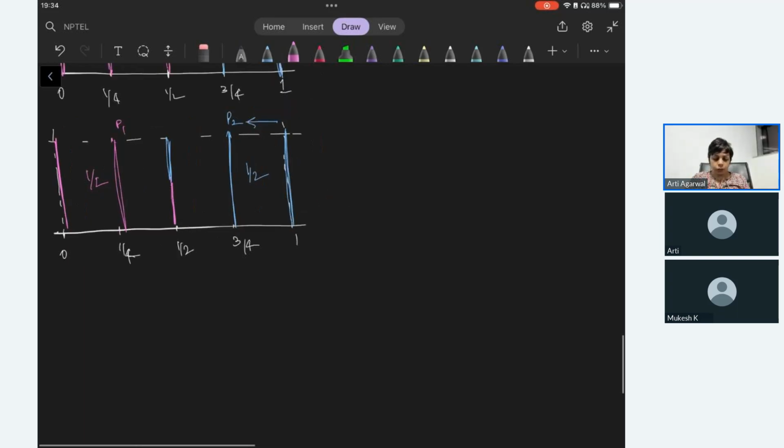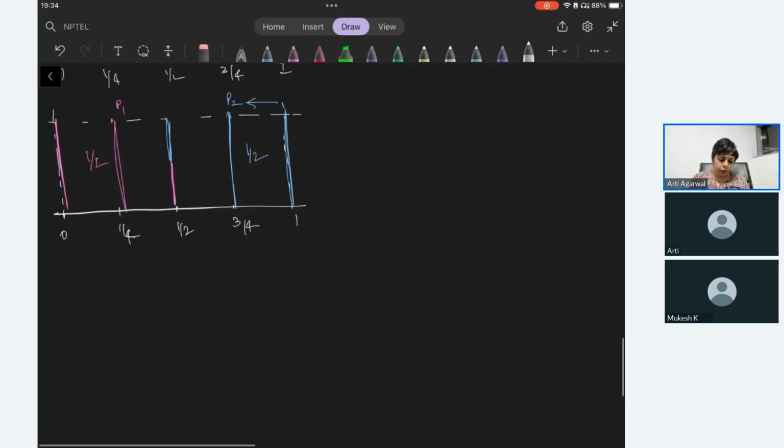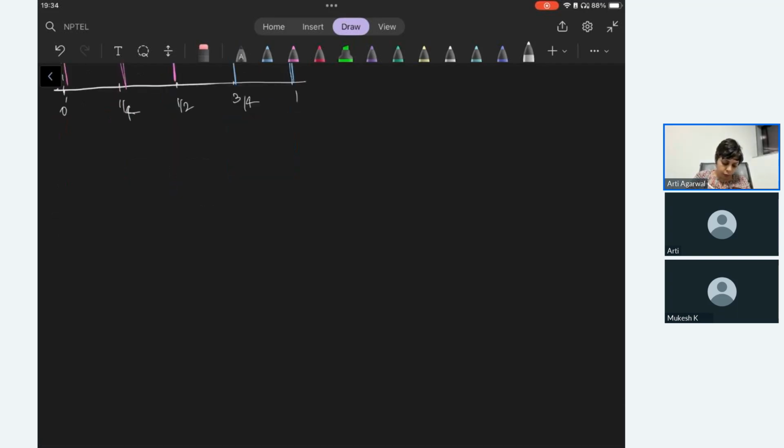Now, let's see if this is also an equilibrium or not. We'll find out if it's an equilibrium based on whether players have any incentive to deviate. Let's redraw this.